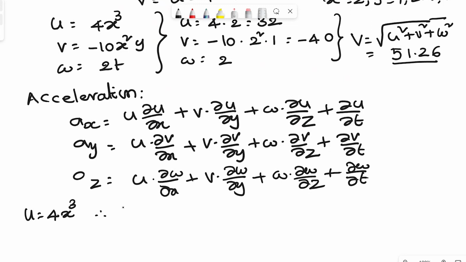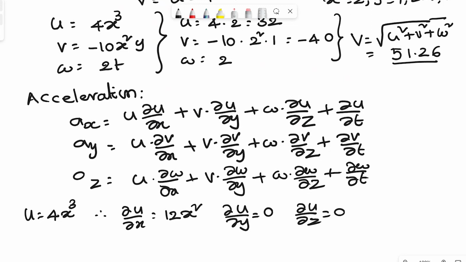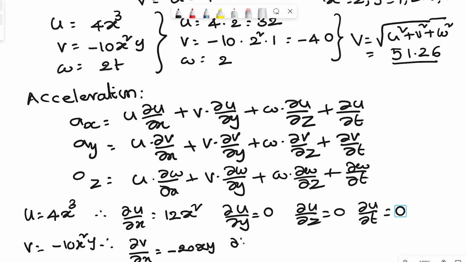Now, given u is equal to 4x cube, therefore dou u by dou x is equal to 12x square. Dou u by dou y is equal to 0. Dou u by dou z is equal to 0. Dou u by dou t is equal to 0. Then v is equal to minus 10x square y. Therefore, dou v by dou x is equal to minus 20xy. Dou v by dou y is equal to minus 10x square. Dou v by dou z is equal to 0.